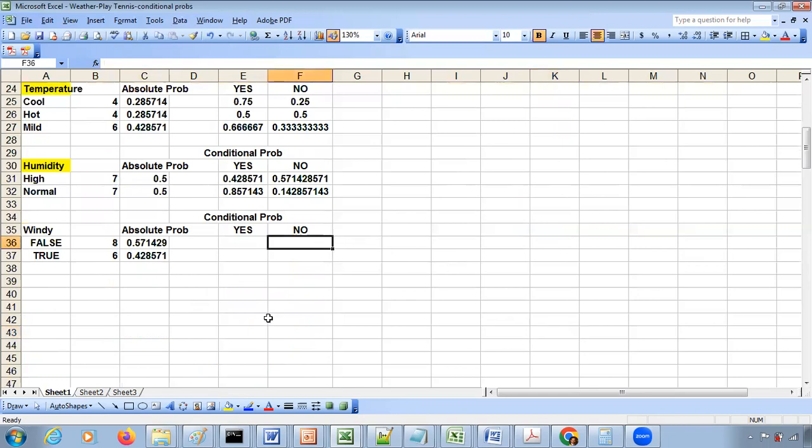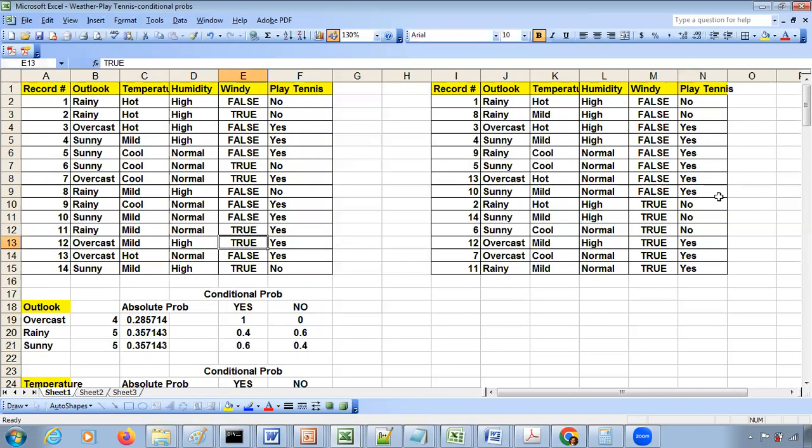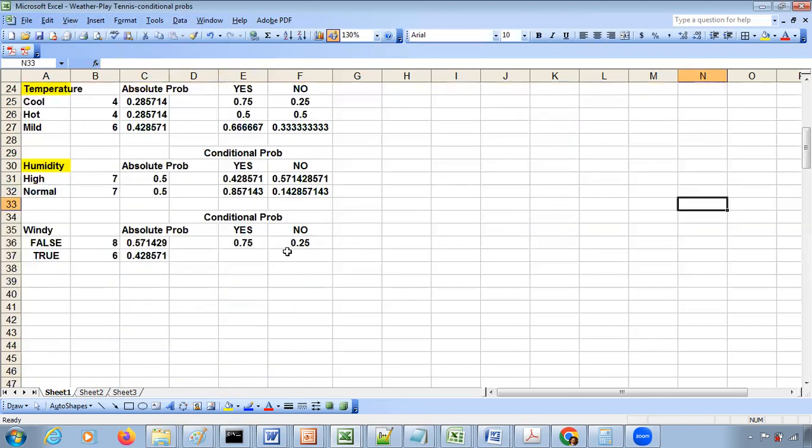So that's going to be 2 over 8 no's and 6 over 8 yes. Then out of the 6 true records, we have 3 no's and 3 yes. So this is our conditional probabilities table.